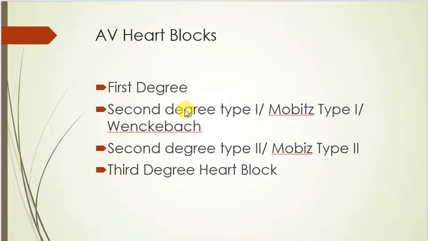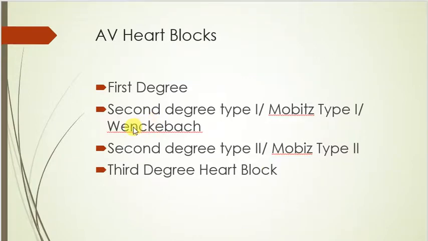Okay, this next little section is on AV heart blocks, or sometimes just called heart blocks. There are four different types of heart blocks. You have your first degree, a second degree type 1, a second degree type 2, or a third degree heart block.